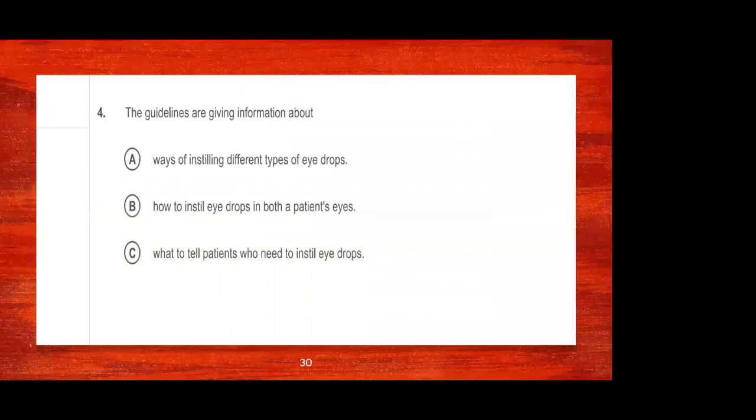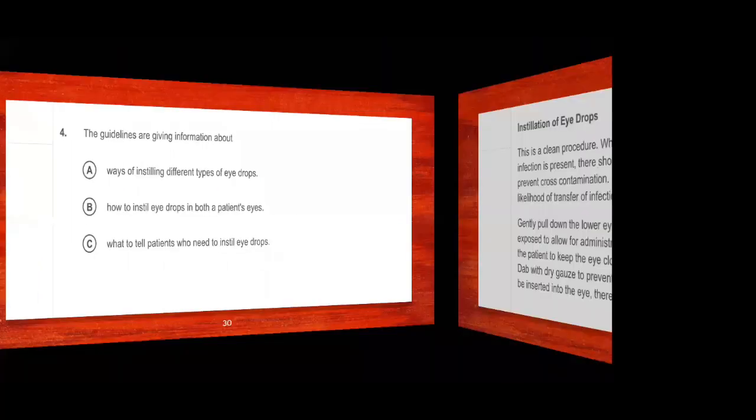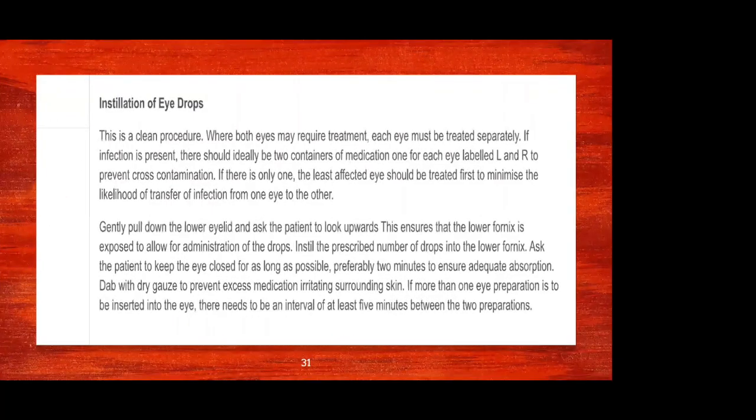So the guidelines are giving information about ways of instilling different types of eye drops. Is it right or wrong? No, it is not talking about different types of eye drops, isn't it?